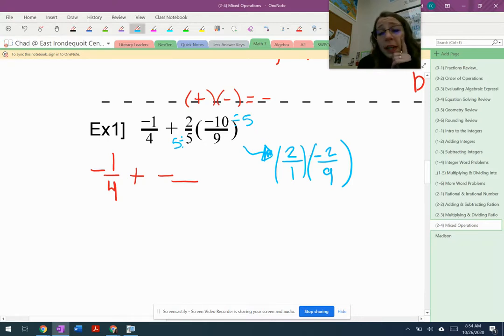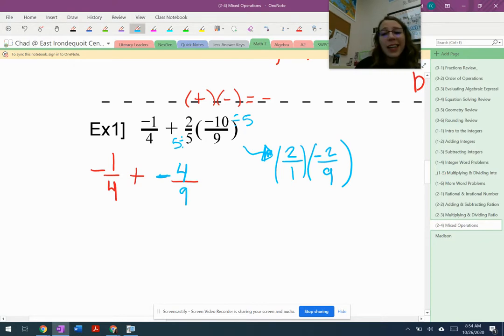So now I did my cross canceling, and now I can just multiply straight across. The tops times the tops, the bottoms times the bottoms. Negative 2 times that 1 is going to give me a negative 2. Wait, negative 2 times 2 is going to give me a negative 4, and again, I've already got my negative right there. Boom, that negative. And 1 times 9 gives me 9.